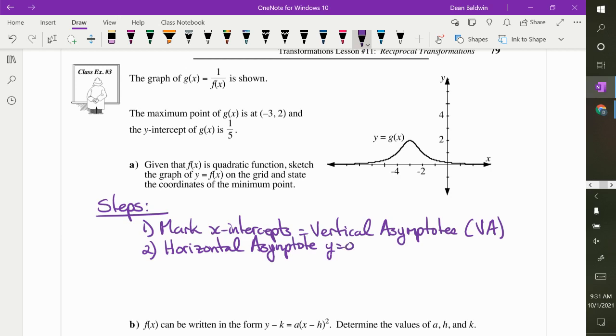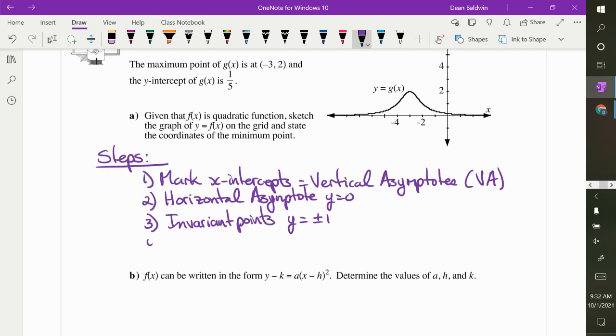So you mark that. Mark your invariant points. Invariant points occur at y is equal to plus minus 1. And then your 4th is sketch the graph.